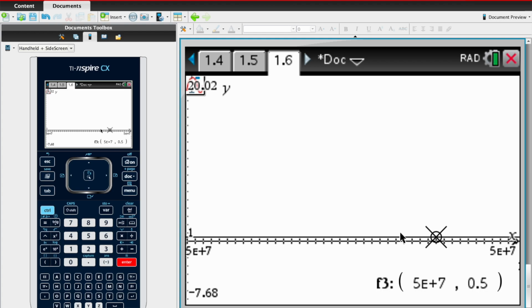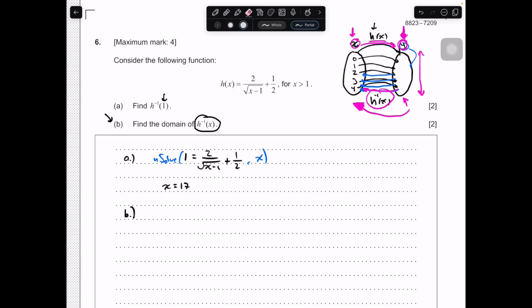So let's go back to the home screen once again, or the document. I realize this looks a little messy right now, but what do we have? We have inputs all the way from 0.5 to positive infinity.